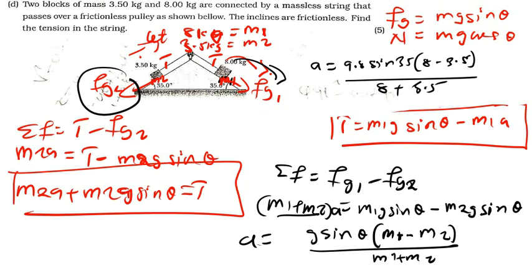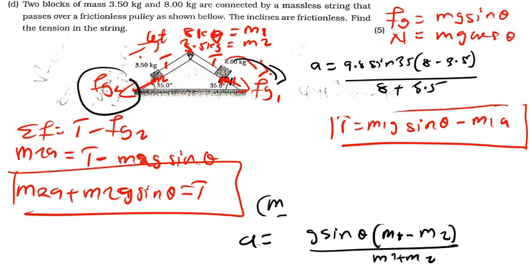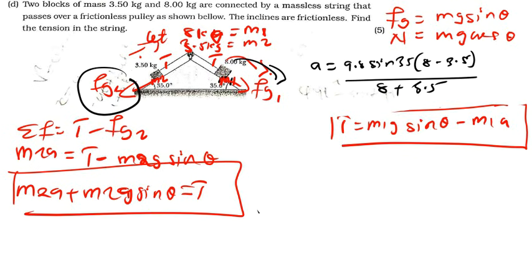So what I'm going to have, I'll get rid of this and put acceleration here. I'll first start with 8 minus 3.5, that is 4.5. So 4.5 times 9.8 times sine 35. The answer I'm going to get times 4.5 is 25.295.